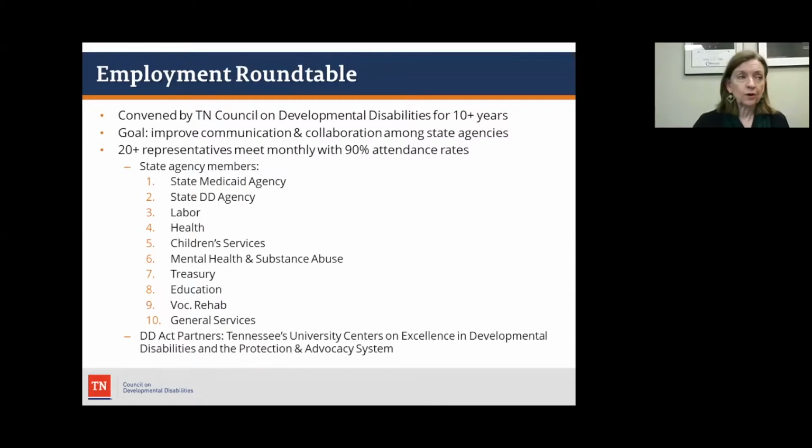And so we heard today that there's going to be a press release tomorrow from the governor's office about that initiative. I think I mentioned that the DD Act partners, that means programs in all of our states that are created under the Developmental Disabilities Act, our university centers and our protection and advocacy system, both participate on this group.